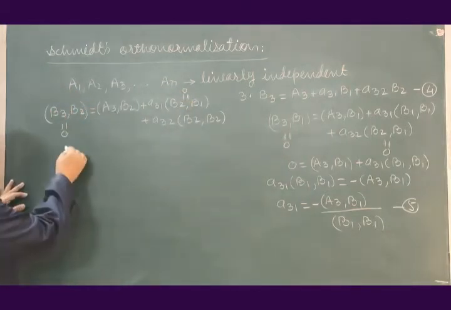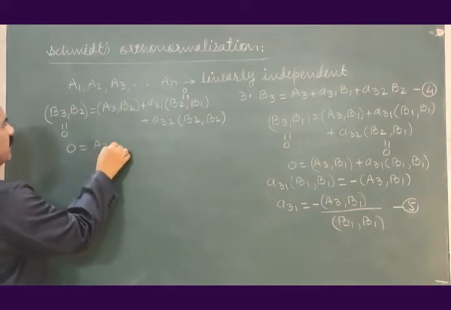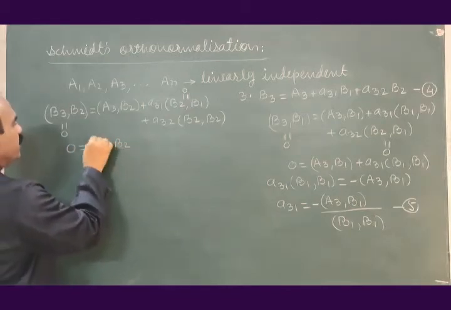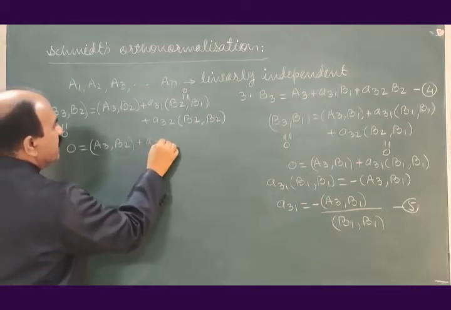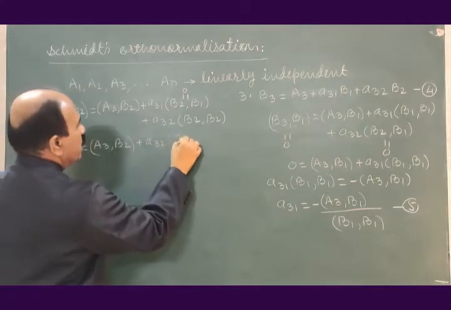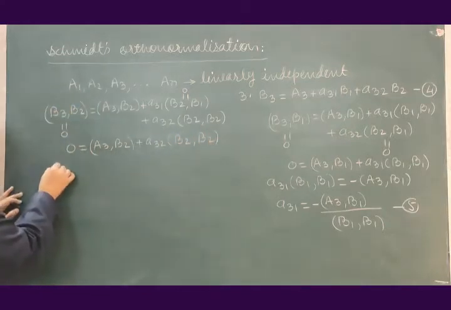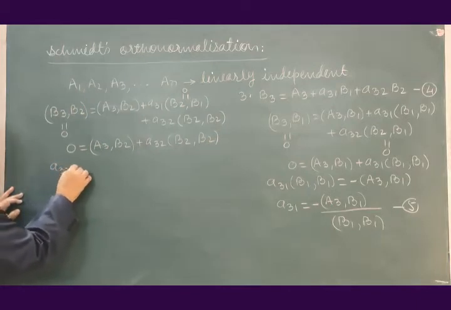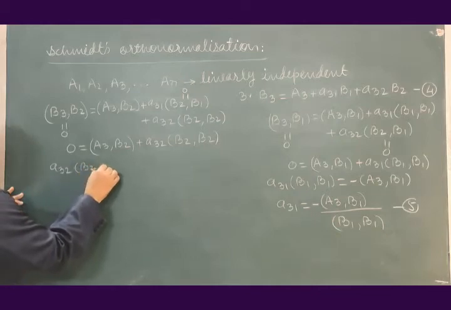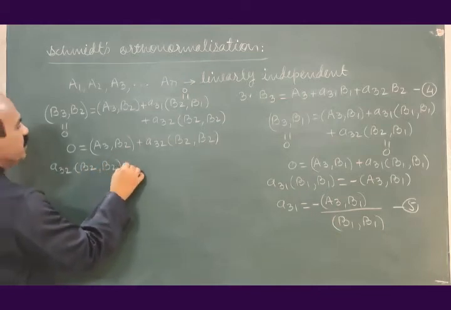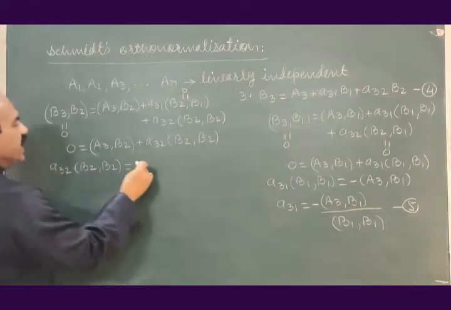And what is left is 0 is equal to (a3, b2) plus a32 into (b2, b2). This is for the a32 into (b2, b2) is equal to minus, this term sent to this side.